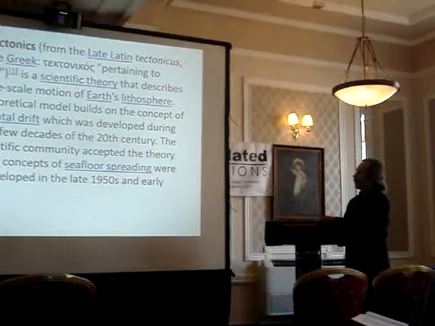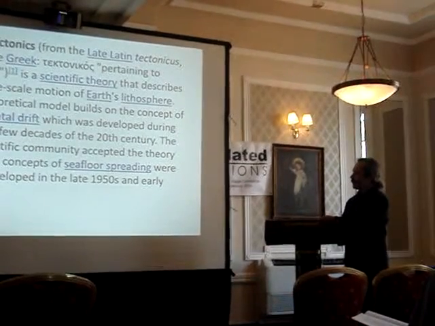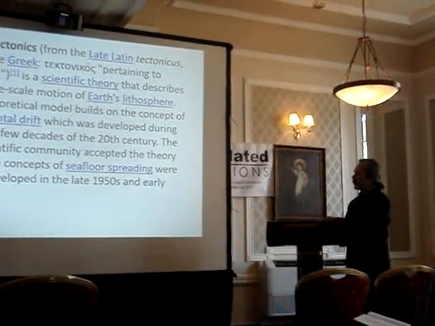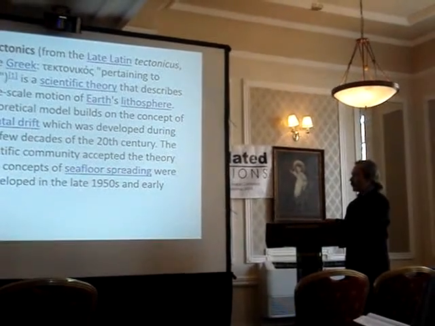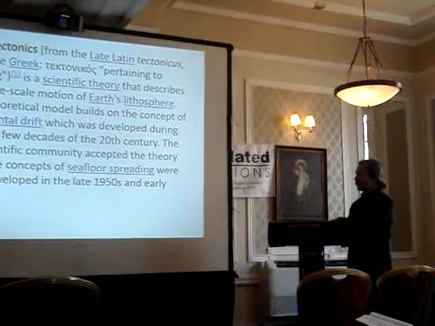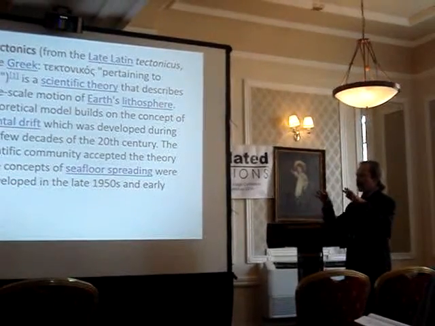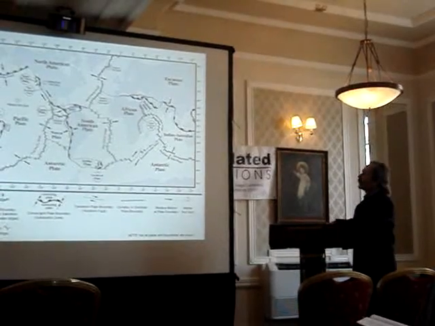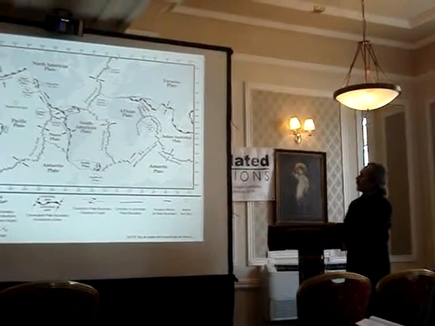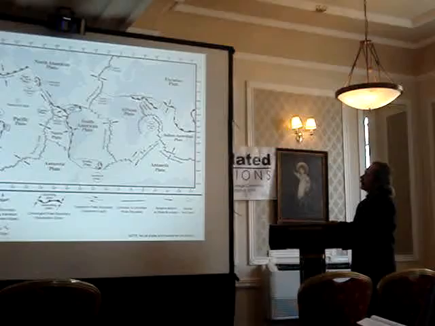There is a theory from the 1940s about continental drift and seafloor spreading, which says the upper crust is brittle and made of plates, and these plates are moving. This is the world map, and these are the plates.